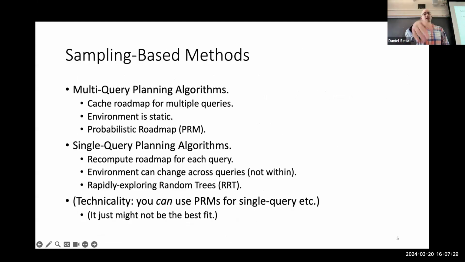For the most part, the hierarchy behind how we treat sampling-based methods is those that are multi-query, like in last class, and those that are single query for today. If you're querying it multiple times, you can cache, or more simply just store somewhere, the roadmap and then use it many times. For single query planning, you just recompute it for every query.